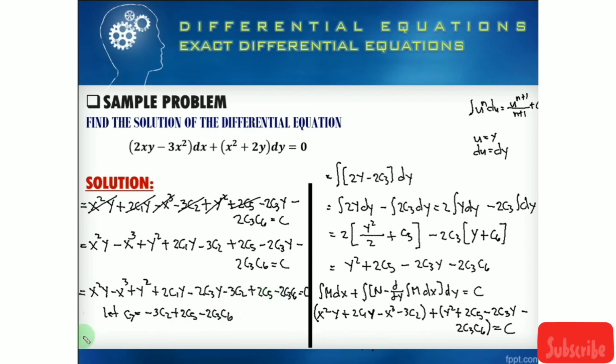So therefore we can say that our equation will then be equal to x squared y minus x cubed plus y squared, and take note, this one plus 2c1y minus 2c3y, okay, and we have here c7, we will assign a constant, so this is plus c7, okay, is equal now to our constant capital C, okay.